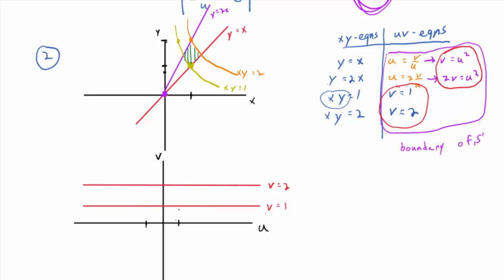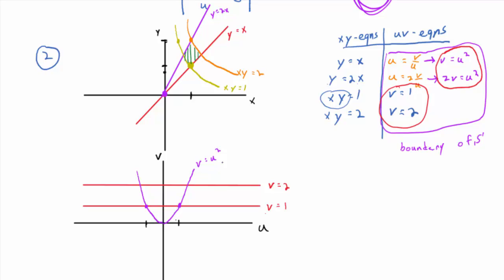So the parabola will go through (1, 1) and (-1, 1). And so that's v equals u squared. We may have to change that.